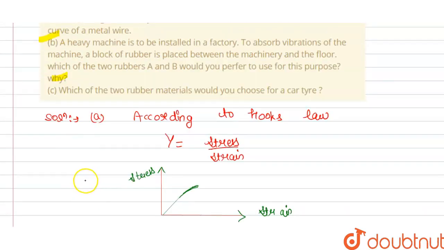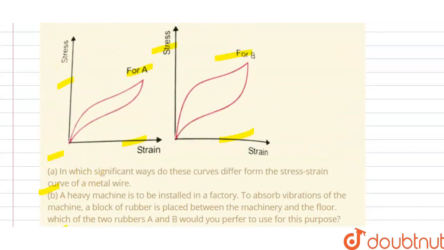A heavy machine is to be installed in a factory. To absorb vibration of the machine, a block of rubber is placed between the machinery and the floor. Which of the two rubbers would you prefer to use for this purpose, and why? So for this we have to take the heat dissipated in each of the graphs.